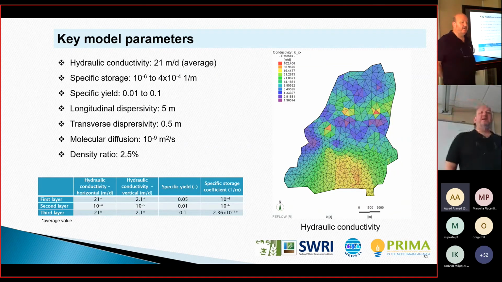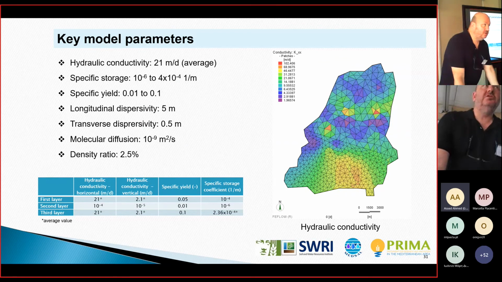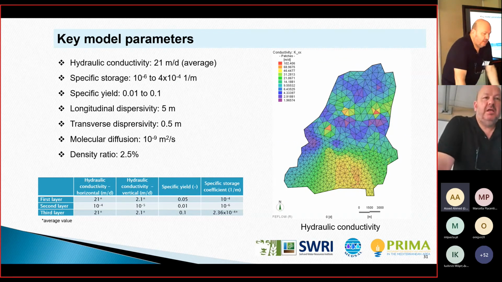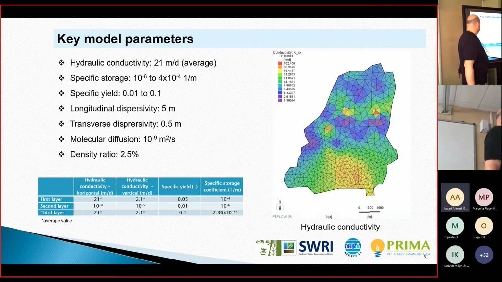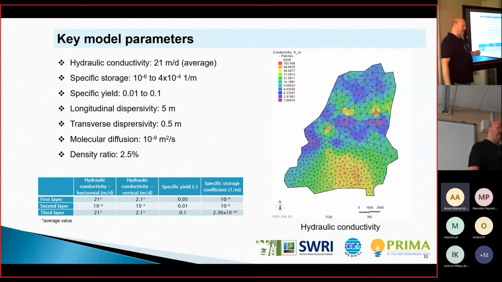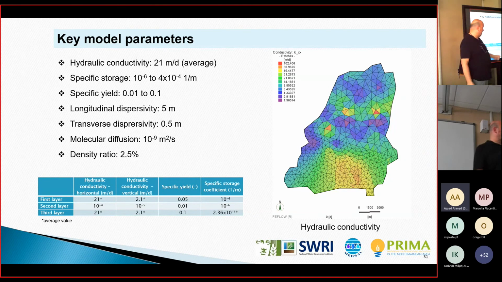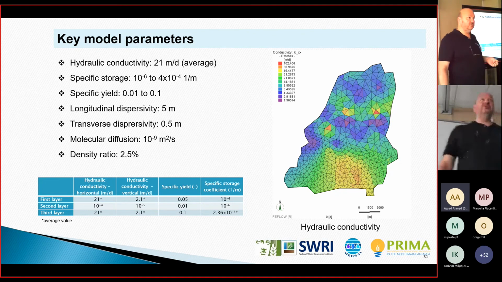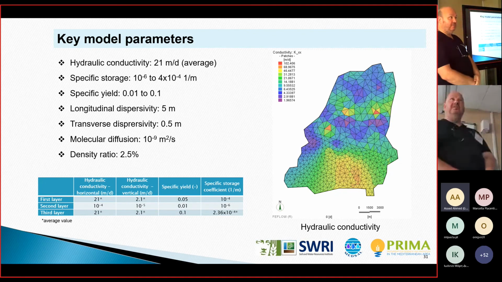So these are the model parameters that we used for the model. The horizontal hydraulic conductivity has an average value of 21 meters per day. But as you can see from this table, it shows the hydraulic conductivity for each layer, and also from the map, we actually assume not a homogeneous, but a heterogeneous variation of hydraulic conductivity.